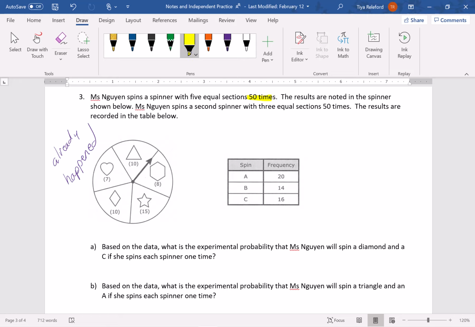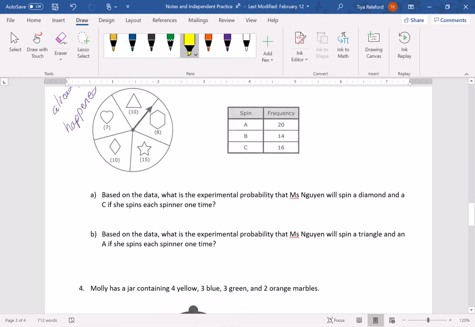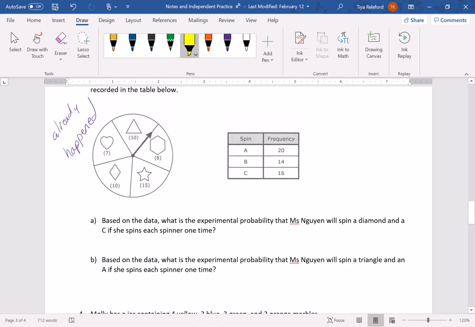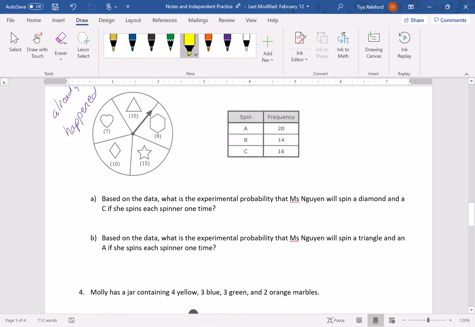Ms. Wynn spins a second spinner with 3 equal sections 50 times. The results are recorded in the table below. 2 different spinners. Based on the data, what is the experimental probability that Ms. Wynn will spin a diamond and a C?